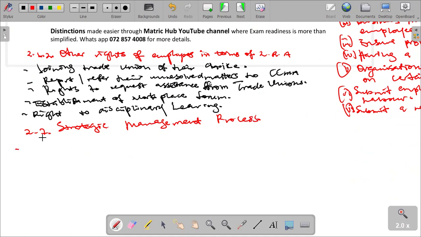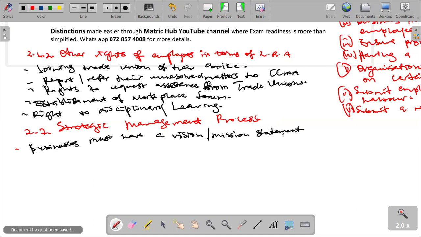One, businesses must have a vision, which is a long-term plan or foresight of the business. It must have a mission statement, which is also realistic and measurable, with objectives in place.